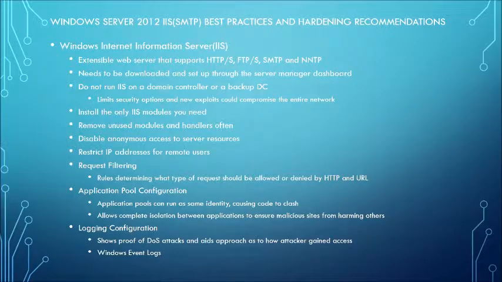So each application pool will have its own configuration file. That way there's complete isolation between them to ensure that any malicious site cannot harm the other site in a server environment where more than one site is actually being deployed. Usually if one site is compromised, the rest will also be compromised.